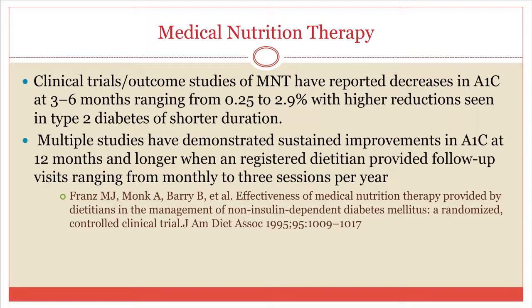So with medical nutritional therapy, you can get the A1C down, and you can sustain the improvement as long as you're working with the nutrition and they're following nutritional guidelines. Nutritional therapy works, and in the big diabetes studies, nutrition and lifestyle therapy work better than metformin.